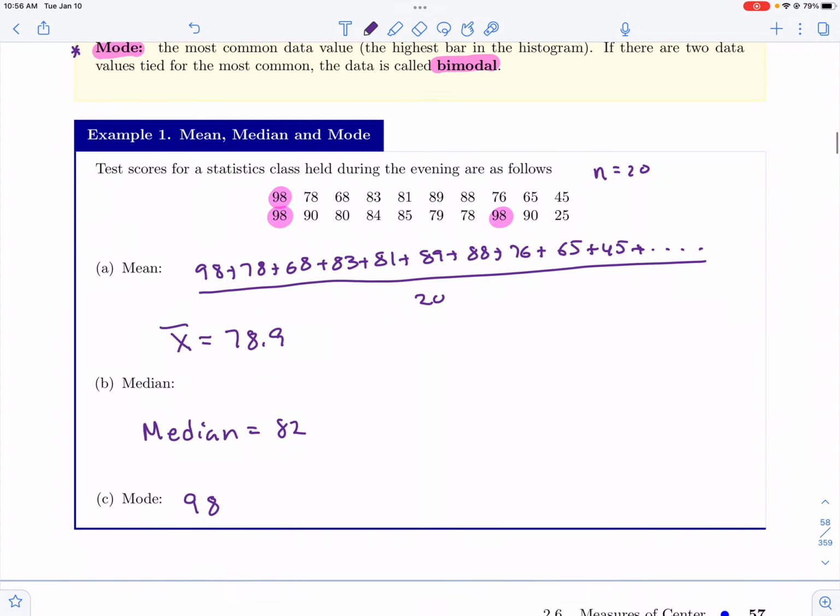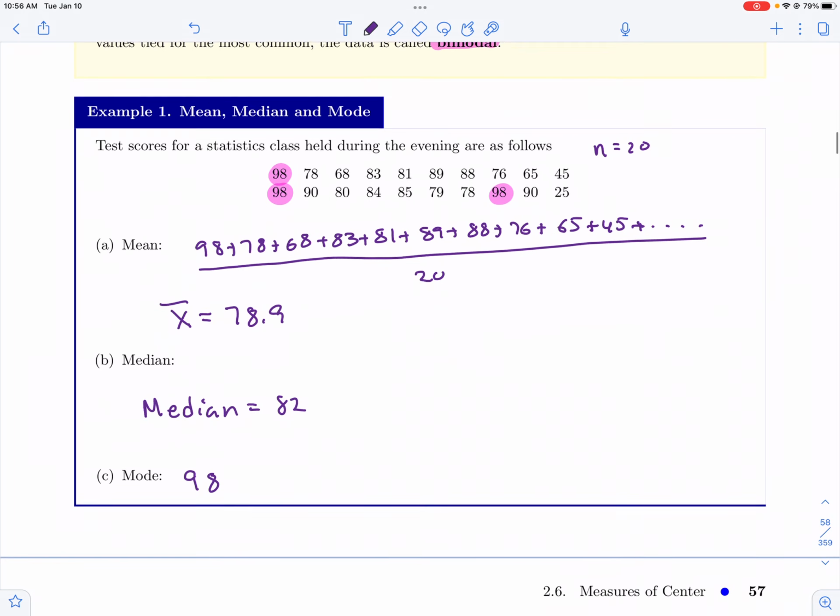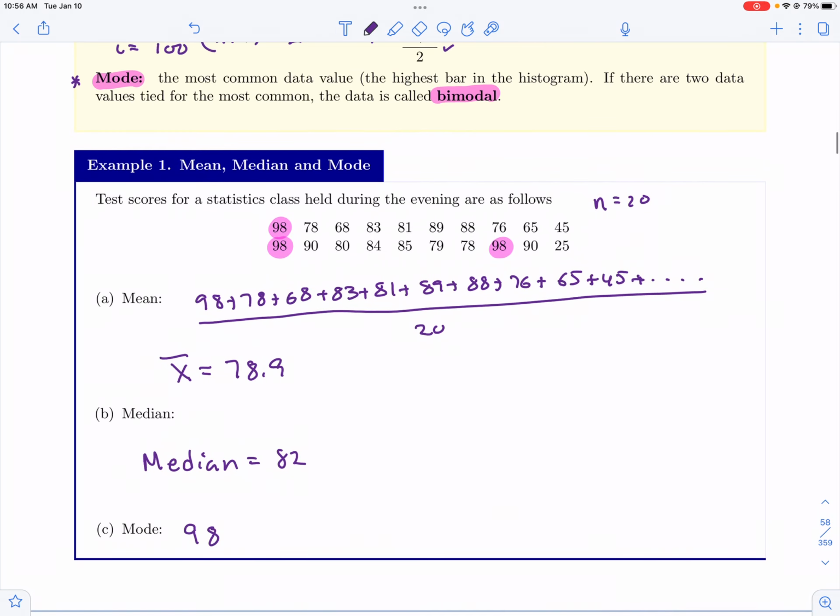All right, so that's our mean, median, and mode. As you can see, even though all three of these numbers are supposed to represent the center of our set of data, they're fairly different. Each one of them looks a little bit different. The mean and the median aren't off by a whole lot, but they are a little bit different. But you can see our mode is nowhere near the middle.